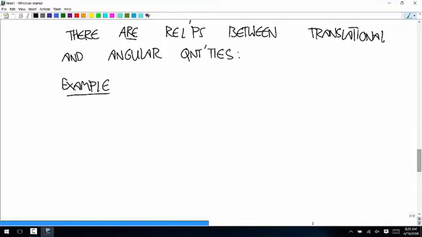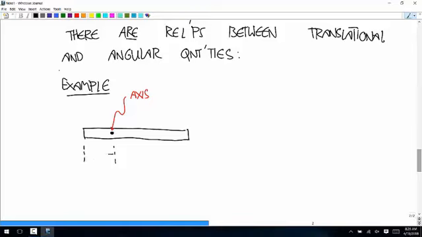Okay, so here's the example problem we're going to do. Let's say that there's a rigid body and it's rotating around an axis here. And let's say that the distance from the axis to the short end, the near end, is 0.2 meters.